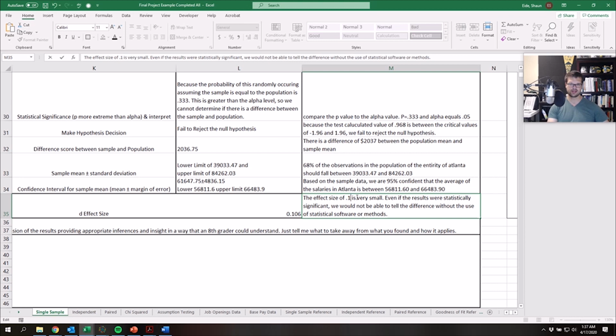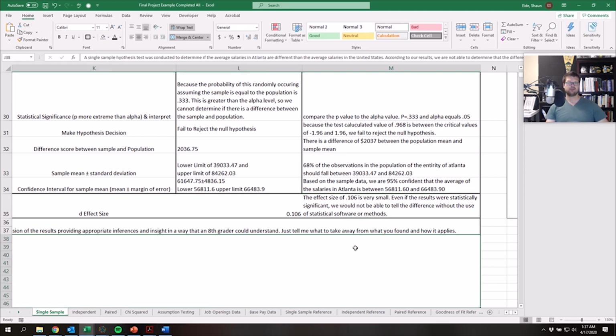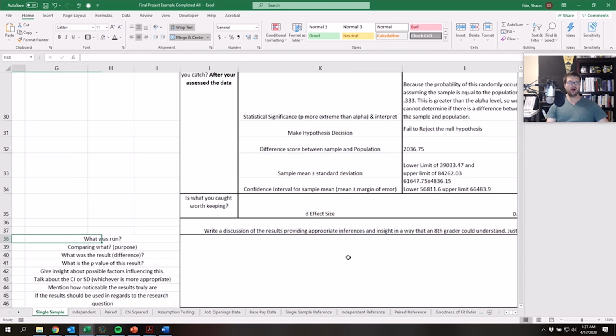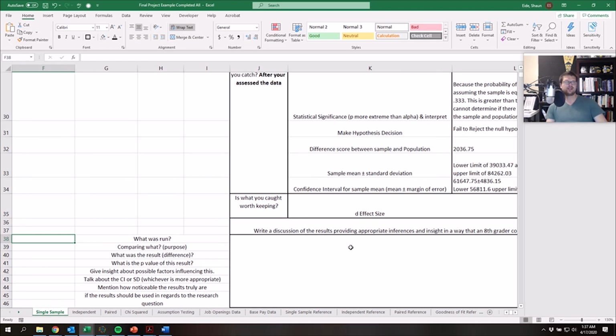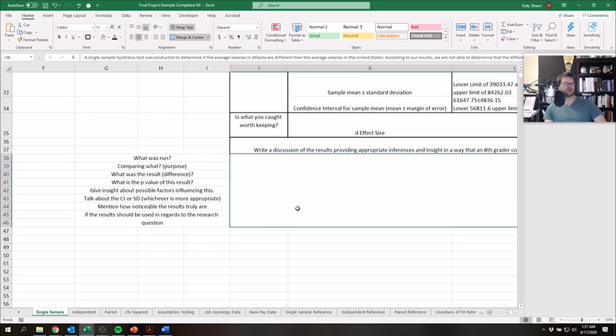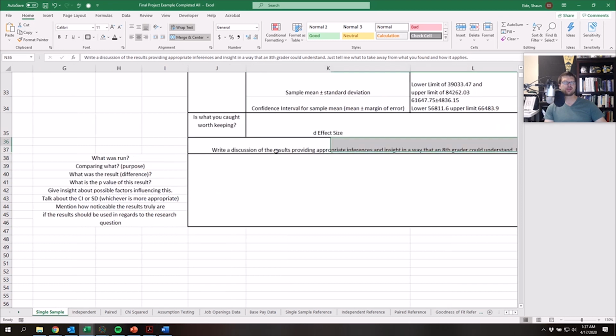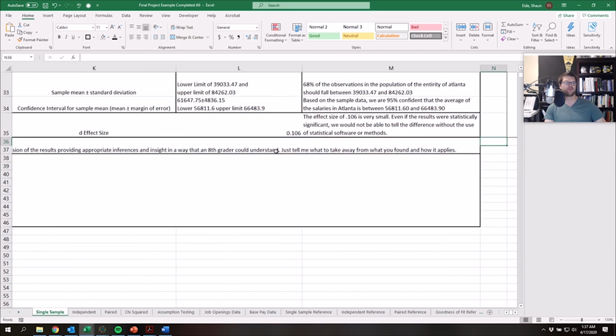Next, the last thing that you're going to do for the single sample is write a discussion of the results, providing appropriate inferences and insights in a way that an 8th grader could understand. Just tell me what to take away and how you found how it applies. So just literally follow this prompt, okay?